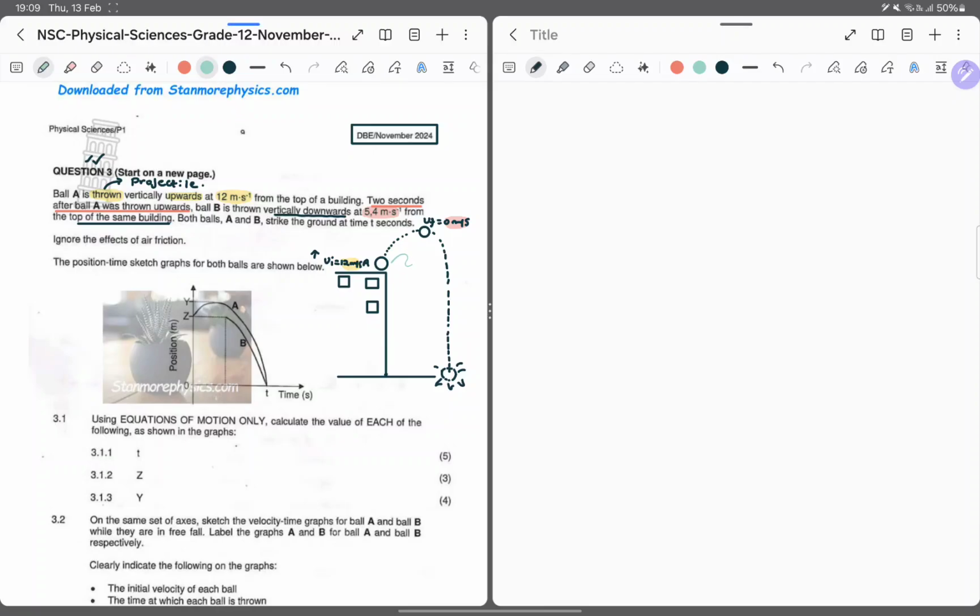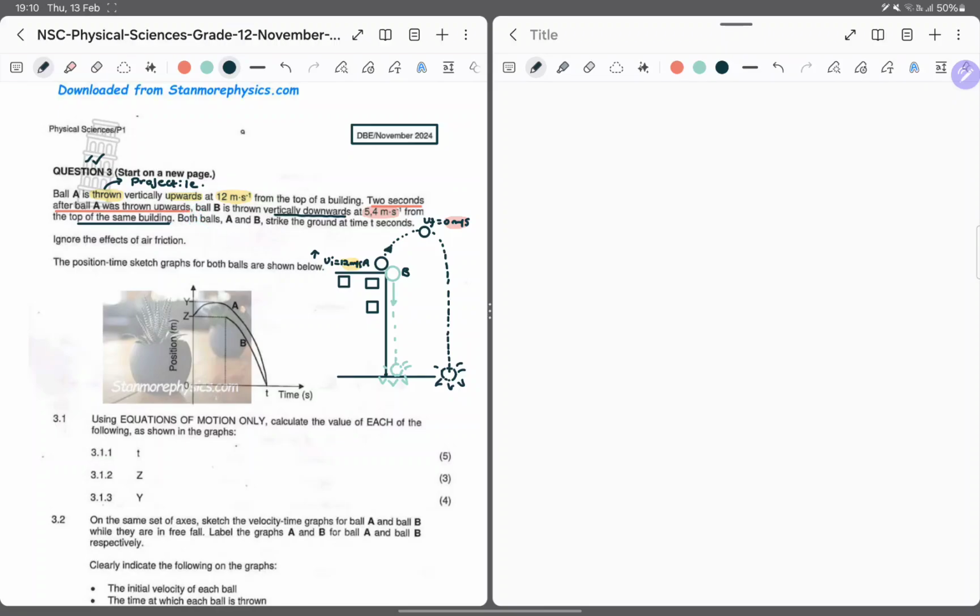So this means 2 seconds later, here's ball B, essentially thrown straight down, and there it is on the ground some time later. Okay, so not a big deal. So it's going like this, while this one has gone up like that. Not a problem. So we have an understanding, we've got a sketch. This can help us to then move forward.